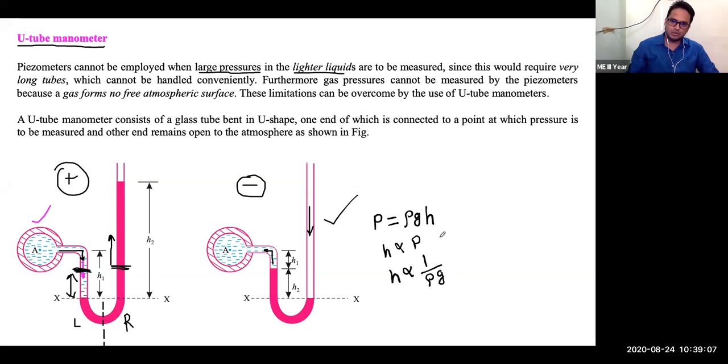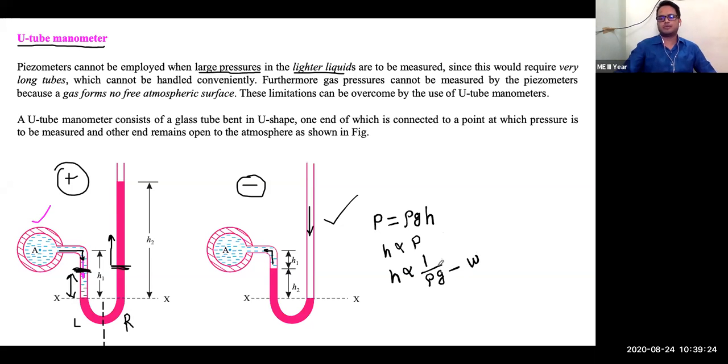For this rho g, I can use a single term also, that is the specific weight, represented by small w.